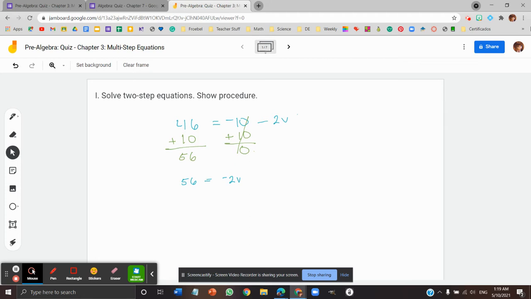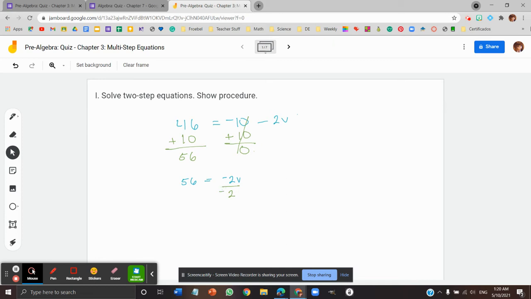Now, my next step, again, I'm going to try to take away that 2, and the only way I can do it is dividing by 2, right? But not just by any 2, because if I divide negative 2 by 2, it's going to give me negative 1, and I don't want my v to be negative, so I have to make my 2 negative.